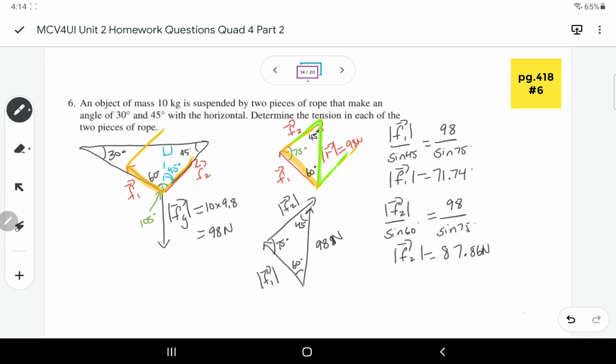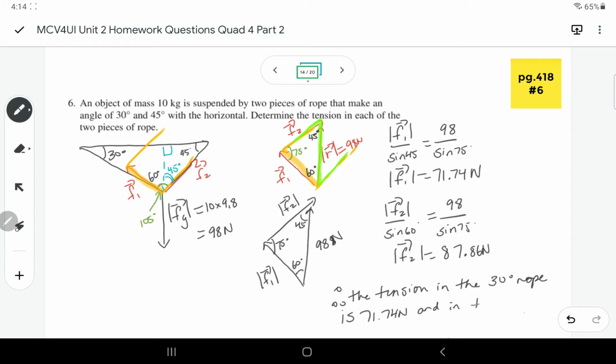87.86. Making sure you're answering word problems in a sentence using your units. So I've got this in newtons. So I could say, therefore, the tension, or the force of tension, you could write that out, in the, now F1, I'm going to call the 30-degree rope, is 71.74 newtons.